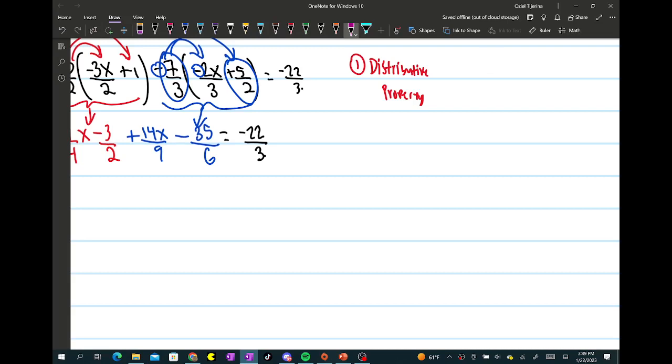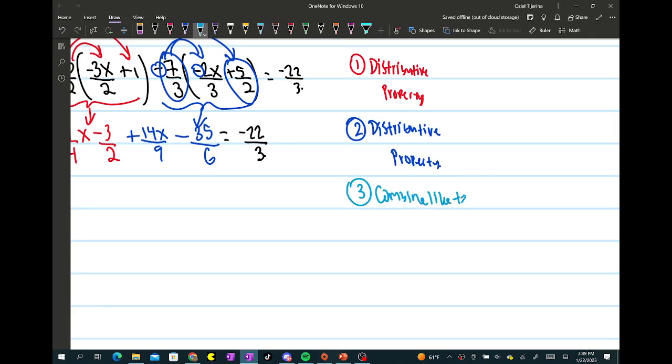Or the second step, excuse me. So basically, again, just distributive property. And number 3 will be to combine like terms.